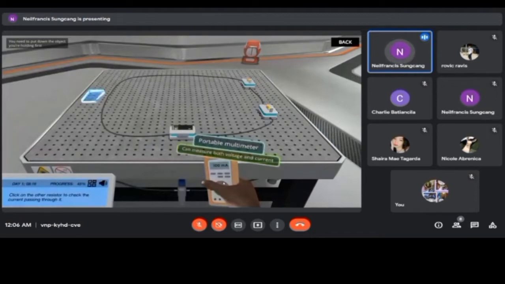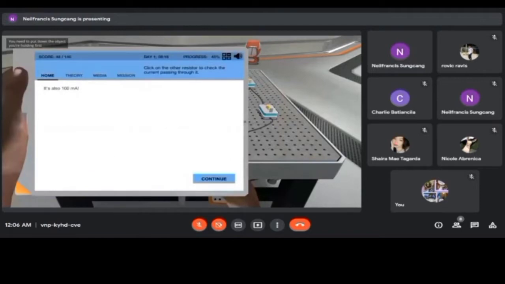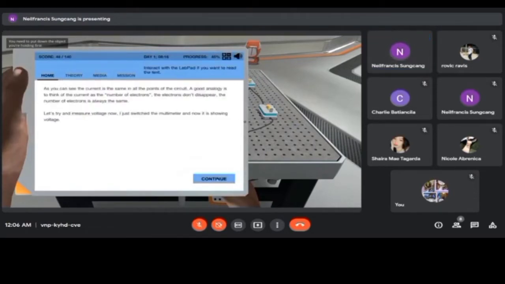Click on the other resistor to check the current passing through it. It's also 100 milliamperes. As you can see, the current is the same in all the points of the circuit.